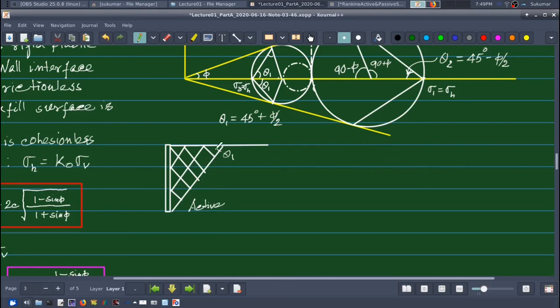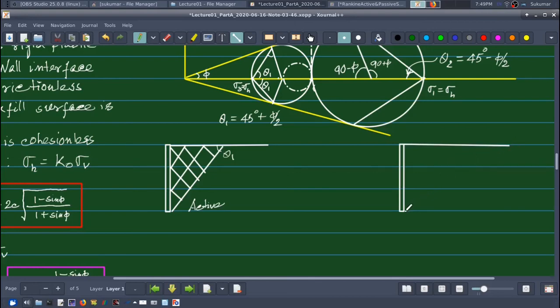And in a similar case, let me draw another retaining wall. This is my backfill surface.